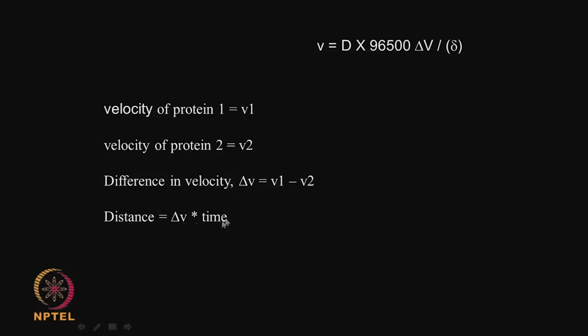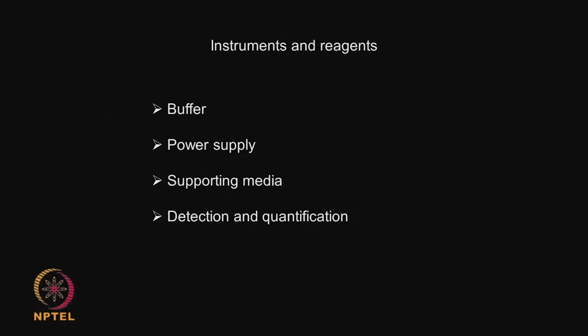The distance travelled in a certain time will be delta V multiplied by time. So, if I give longer and longer time, I will achieve longer and longer separation. The separation depends upon the diffusion coefficient, which is inversely proportional to the size, and directly proportional to the charge the protein has acquired. This is the principle by which this type of separation takes place.